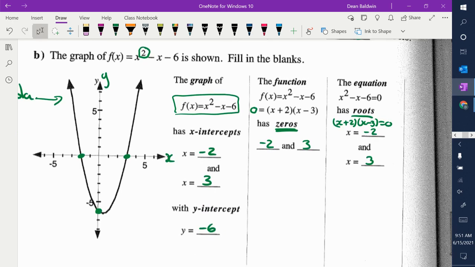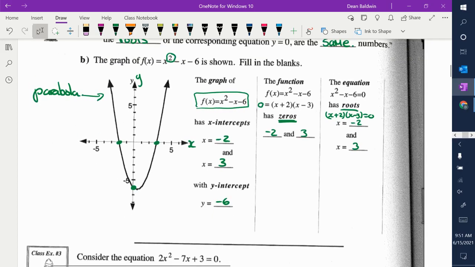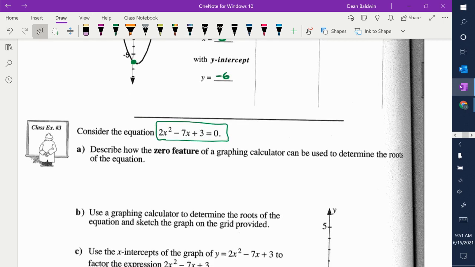So we can use this to actually graph functions, to graph quadratics is how we're going to do it. So here's our function: 2x squared minus 7x plus 3. I want to figure out the x-intercepts of this graph, okay?